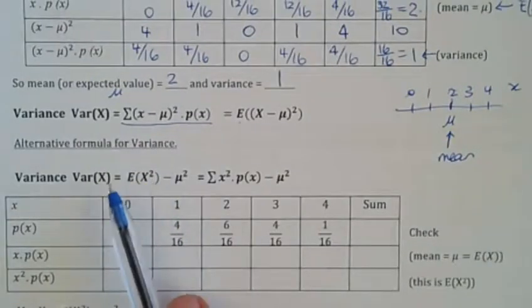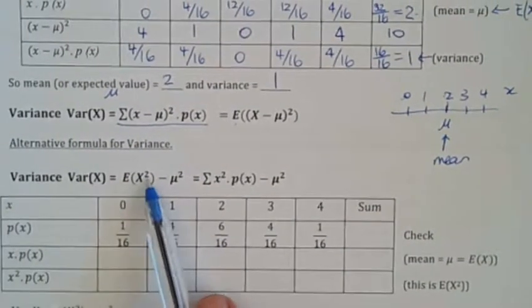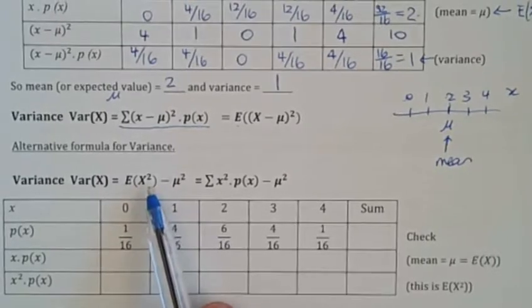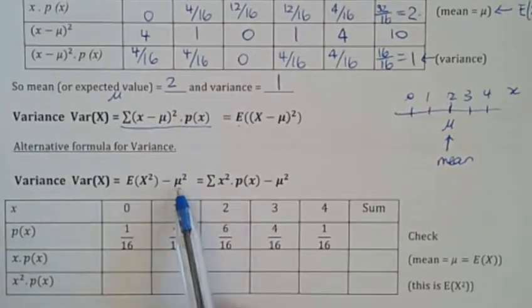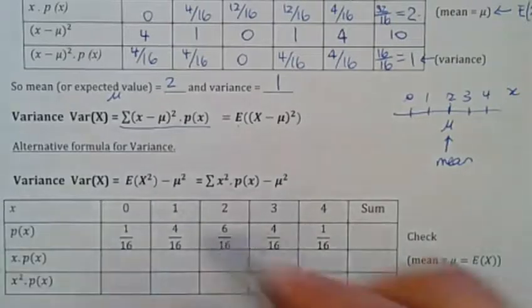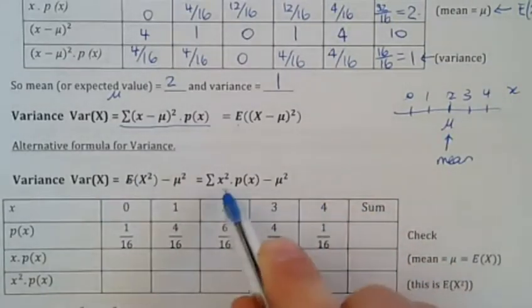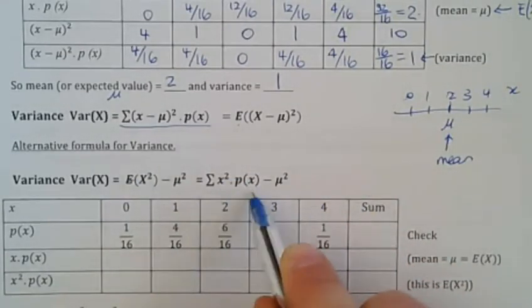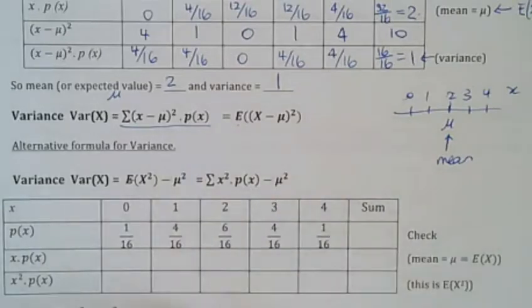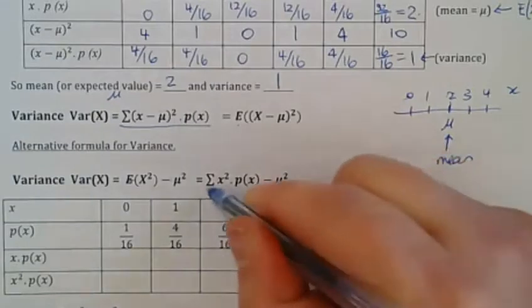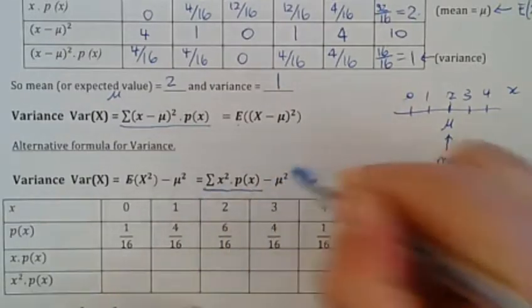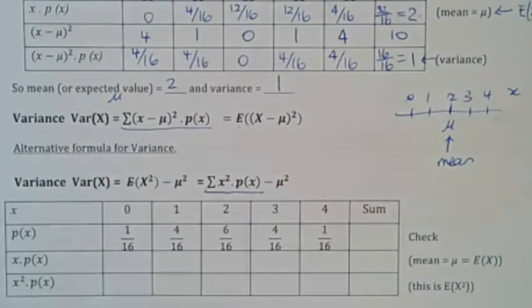So when you put an E next to something, it means multiply those values by px and add them together, minus the mean squared. So that formula is the same as this: x squared times px, add them up, and subtract the mean squared. So you're only summing those, you're not summing the subtraction of the mean squared.